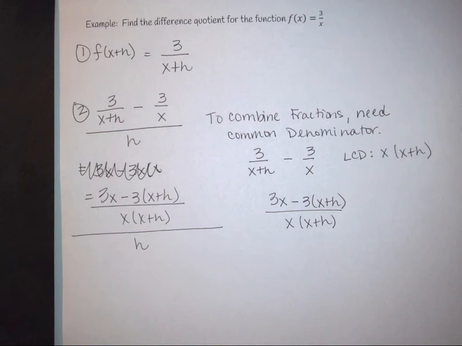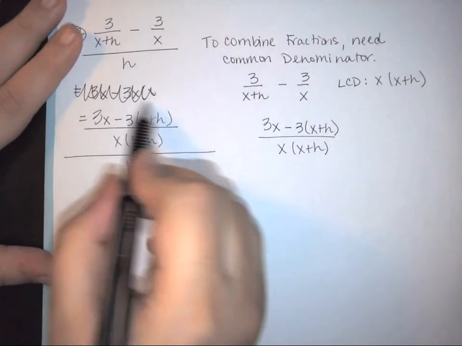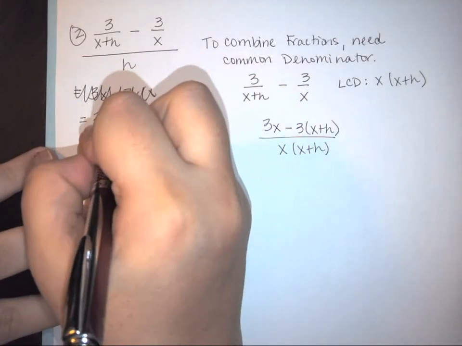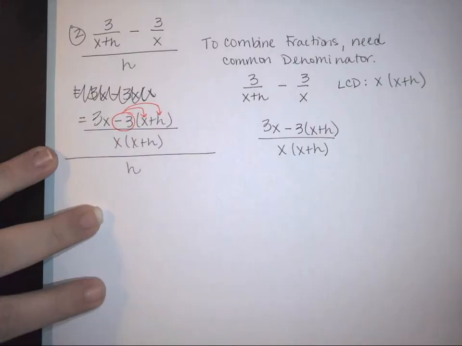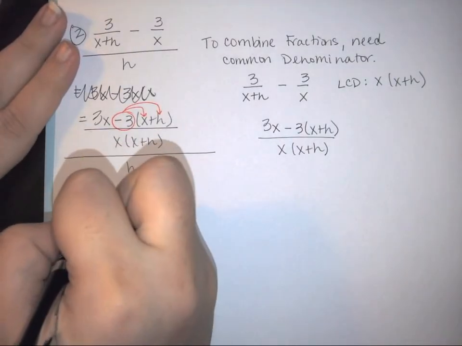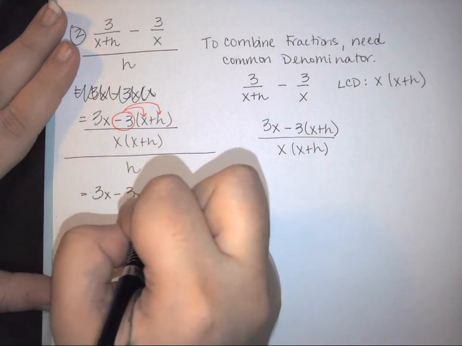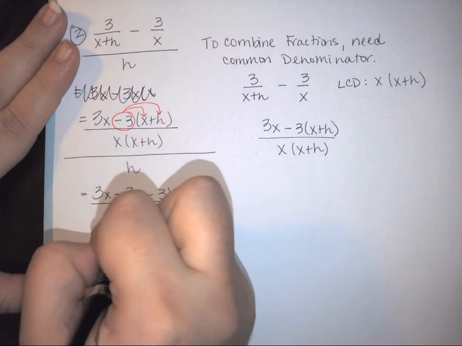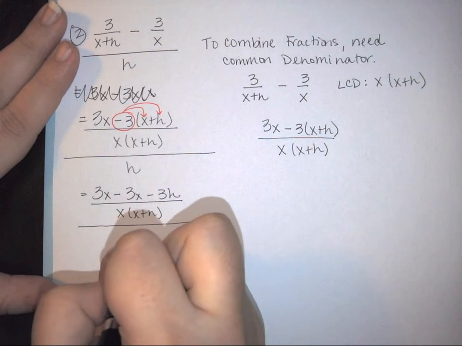So don't forget, it's got its own big denominator. Now, continuing to work with this top, we can take this negative 3 piece and distribute it through, thus making this 3x minus 3x minus 3h. This is over x times x plus h, and the whole thing is over h.